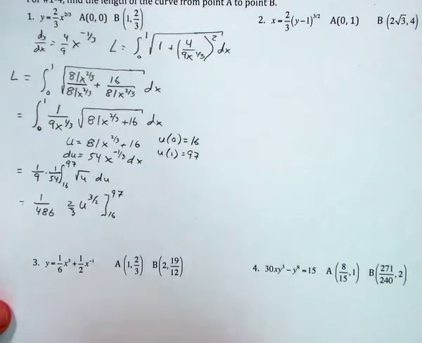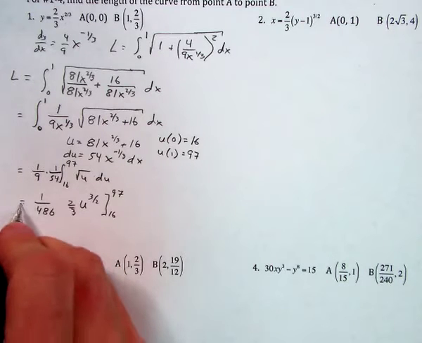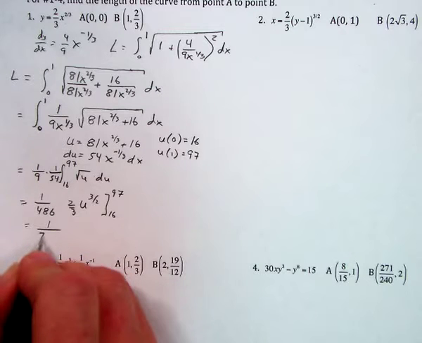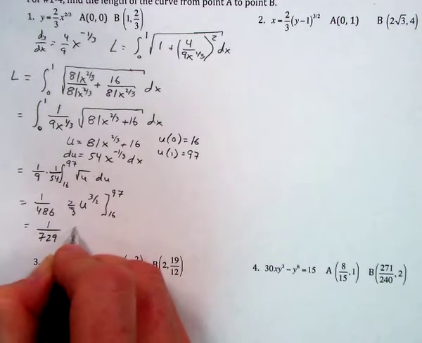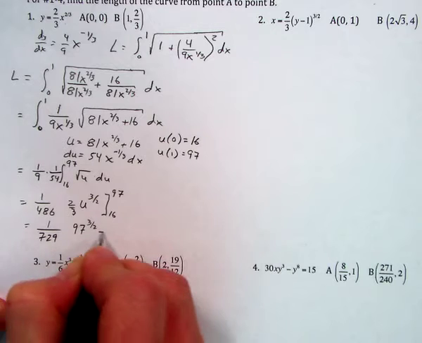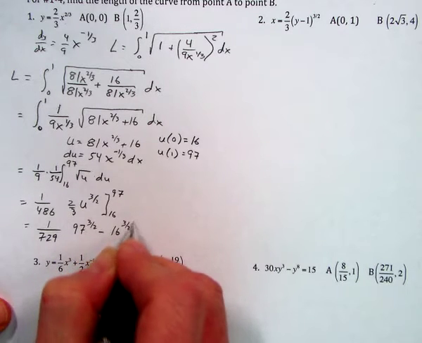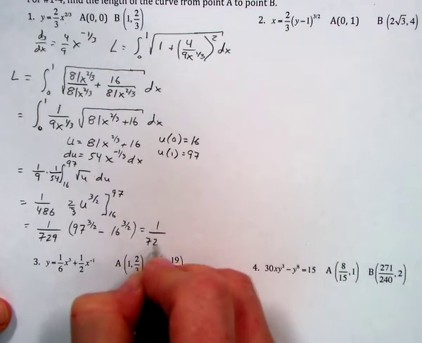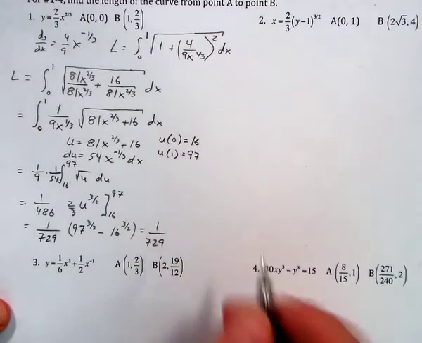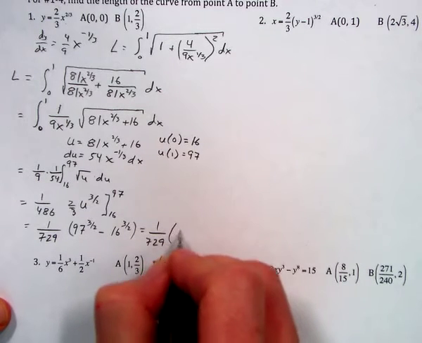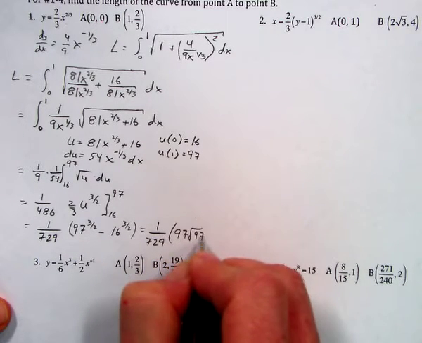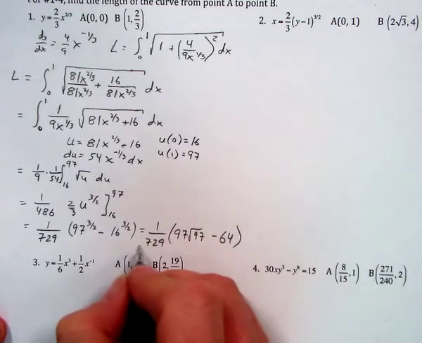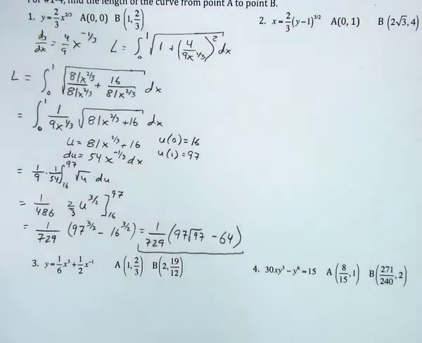It's not going to simplify really nicely, but that's okay. 2/3 of that will end up being 1 over 729 times 97 to the 3/2 minus 16 to the 3/2. 3/2 is the same as 1 and a half, so we have 97 times root 97 minus square root of 16 is 4, cubed would be 64. And that would be the length of that curve.